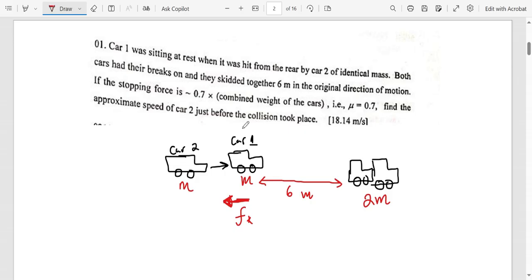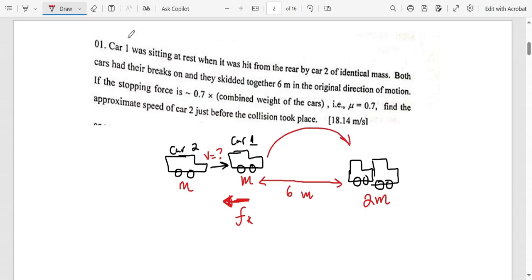The interesting thing about this question is that car 2 is moving at a certain velocity v, which we don't know. Car 1 is at rest, meaning it's not moving. So at the point that car 2 hits car 1, it is moving with a certain velocity. And then when they stick, at that point you are going to count that as the initial position from which they start moving together.